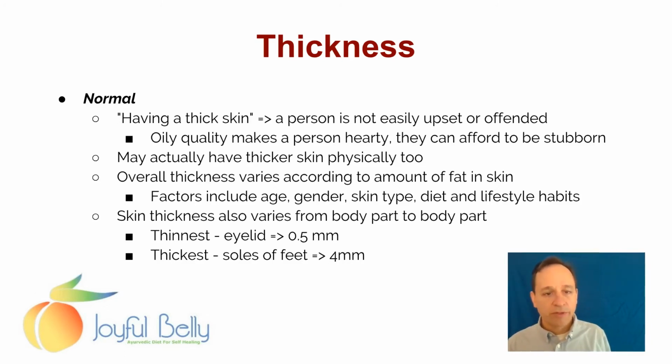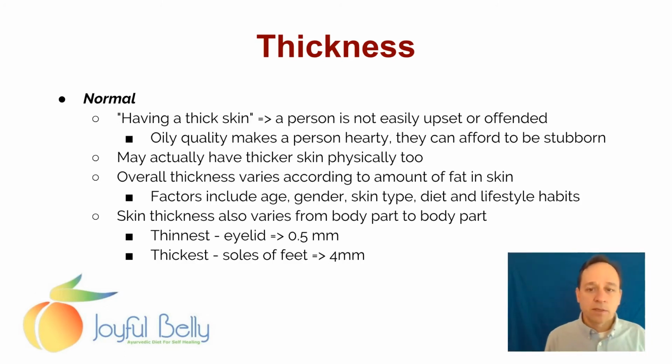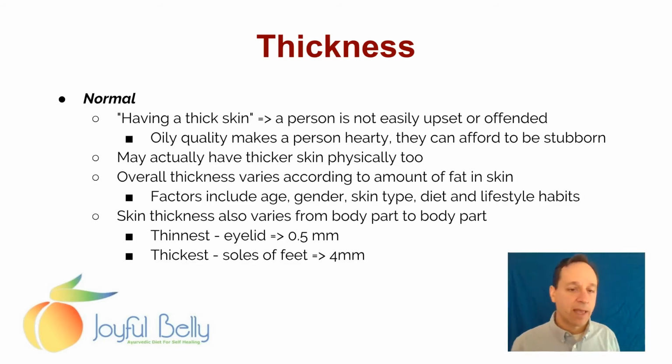So overall thickness of the skin varies according to the amount of fat in the skin. That's the thing that we want to first of all start with. So when we're assessing skin thickness, we're really assessing the amount of fat in the skin, and the thickness of the skin and the amount of fat in the skin varies by age, gender, skin type, and also diet and lifestyle habits.